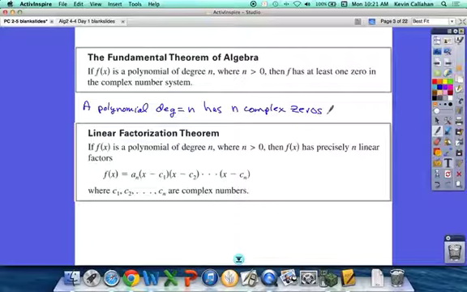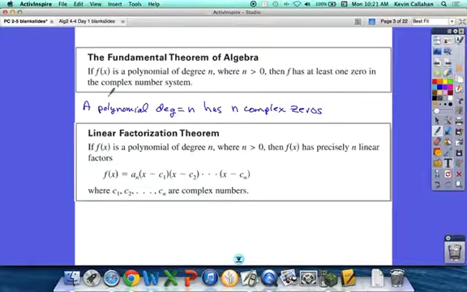And when you combine it with the linear factorization theorem, it puts it together. Other places say there's a corollary to the fundamental theorem of algebra that basically tells us this. Whatever the degree is, if it's a fourth degree polynomial, it has 4 complex zeros. You just look at the degree, that's how many complex zeros.